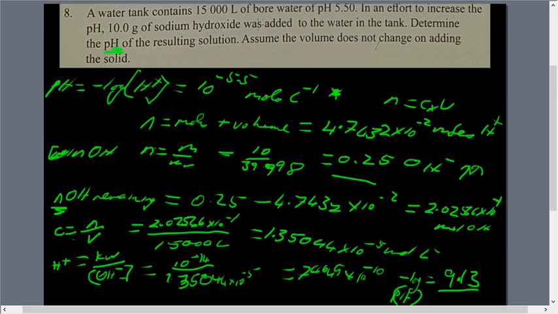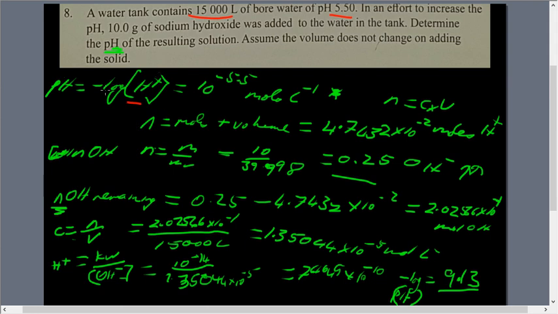Okay, quite a mess of calculations to go through. Let's just review our strategy. We're told a pH and a volume. From that, we calculate the number of hydrogen ions present: the number of moles that are present divided by the volume to get that value.